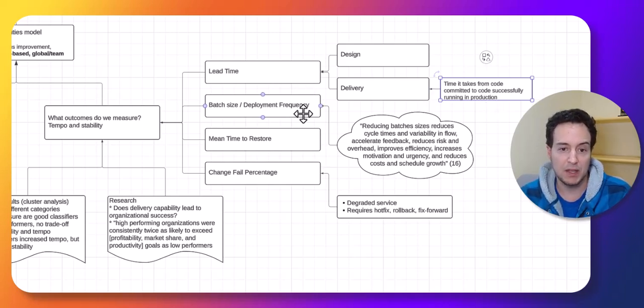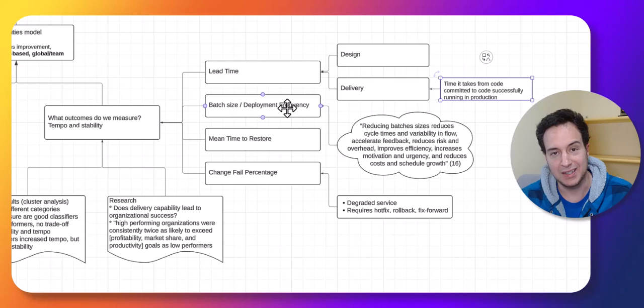The next one is deployment frequency. But really what they say is that deployment frequency is a proxy for measuring batch size. They say batch size is really important. There's a quote here: reducing batch sizes reduces cycle times and variability in flow, accelerates feedback, reduces risk and overhead, improves efficiency, increases motivation and urgency, and reduces cost and schedule growth.